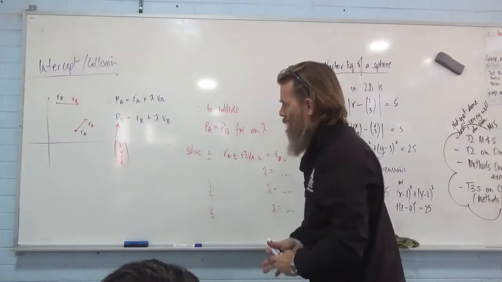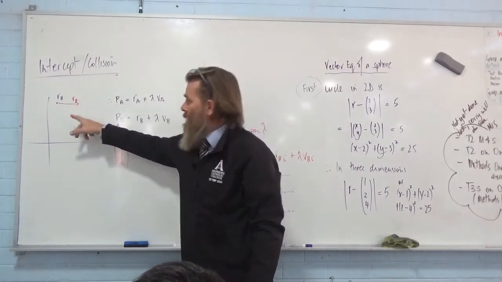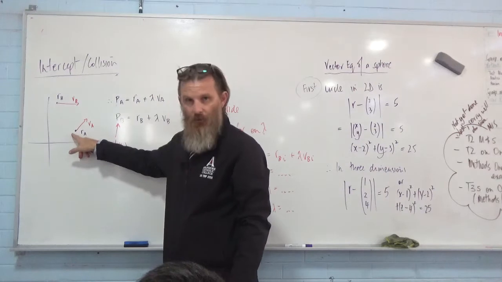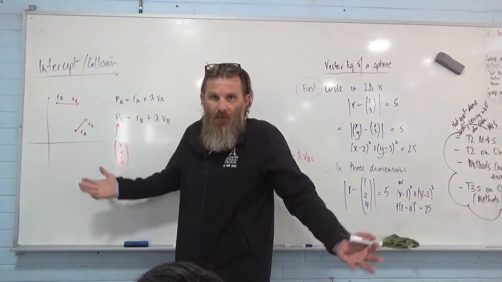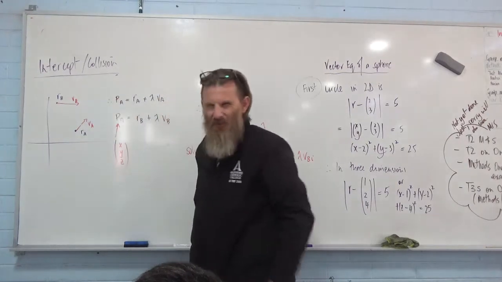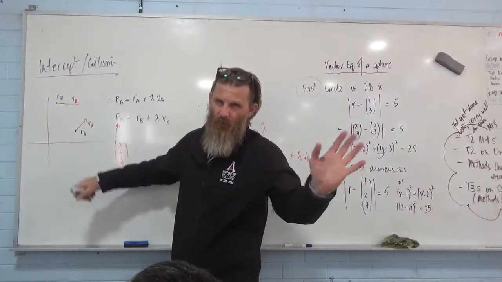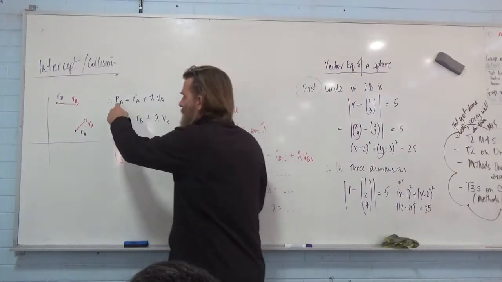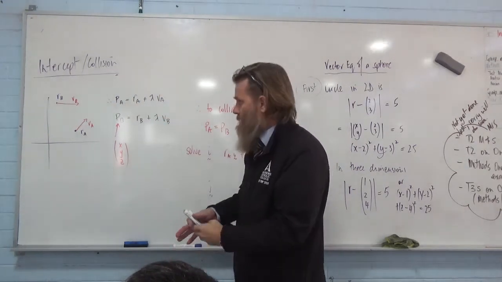So what are we doing? Well, I've done a diagram here in 2D effectively. Here are my two starting positions, and here's the velocity of B and the velocity of A. Now, recognize P. The book doesn't use P, it just uses R, but I used R over here already, and I wanted to differentiate. See P as the position of my particle at any time.